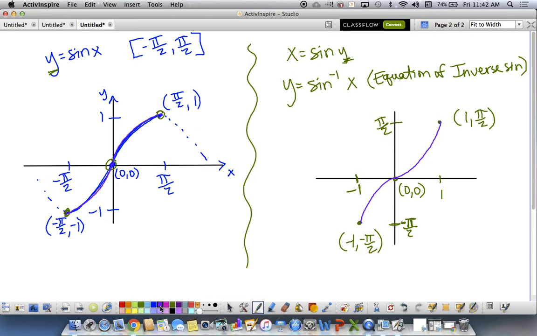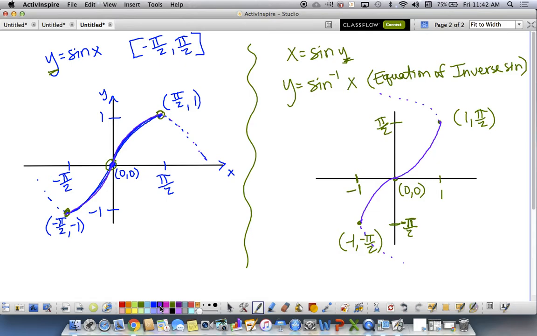The original function, see this dotted line, is going to hug or curve around the x-axis. On the inverse, it will do the opposite. It will curve around the y-axis. So that gives me an idea of which curve my line should be. Again, I'm not going to get too technical on which one it should be. Kind of looks like a straight line. It's okay. I might put some lines on it for you, but I'm not too crazy about that.